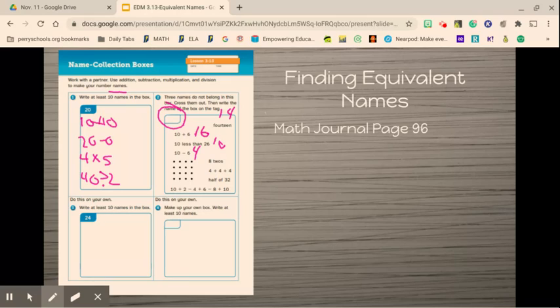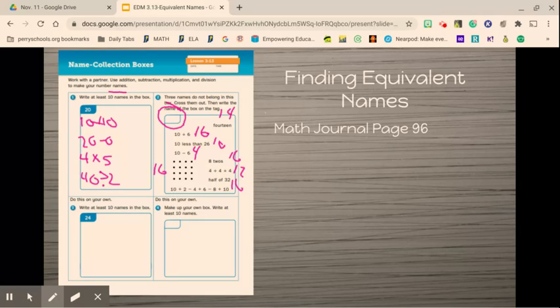Let's count this array. So I see a 1, 2, 3, 4, 1, 2, 3, a 4 by 4. So that is 16. 2 8s is 16. 4, 8, and then 12. Half of 32 is 16. And 10 plus 2 is 12. Minus 4 is 8.